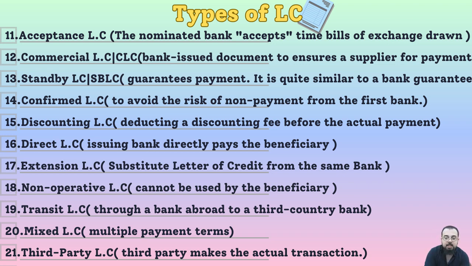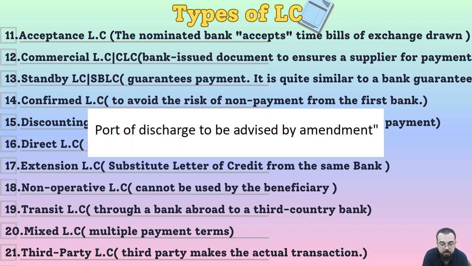A non-operative LC is one that cannot be used by the beneficiary in the form in which it's issued. Some examples may make this clearer. The buyer says he doesn't know where he wants the goods shipped to just yet, right? So the LC is issued saying port of discharge to be advised by amendment.